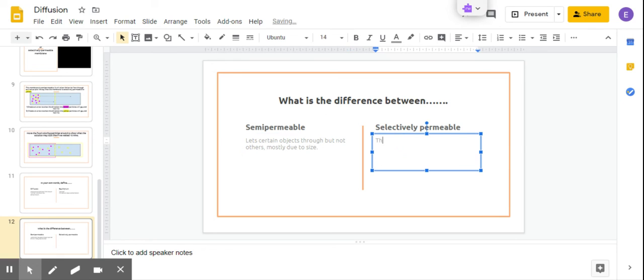Selectively permeable is when the organism decides which molecules to let through.